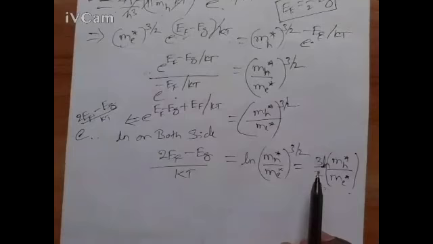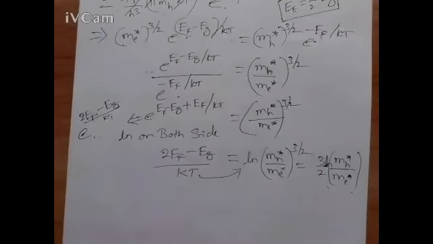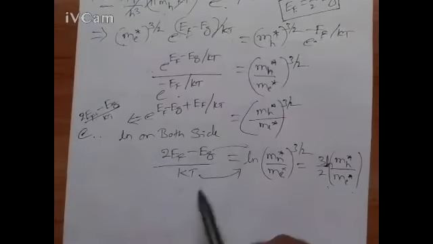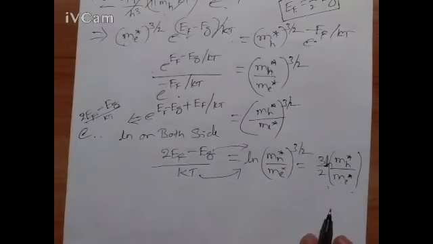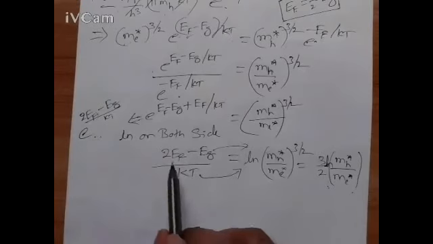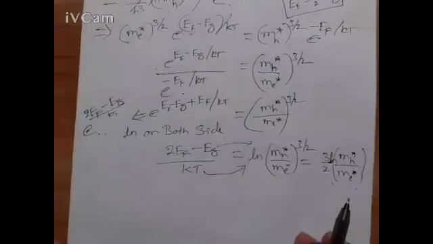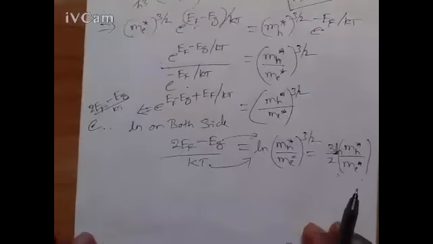And now I'll take this term to the right hand side. I'll take Eg again to the right hand side. Everything we should take to the right hand side and keep only EF, that is Fermi energy, on the left hand side. Let us do that.